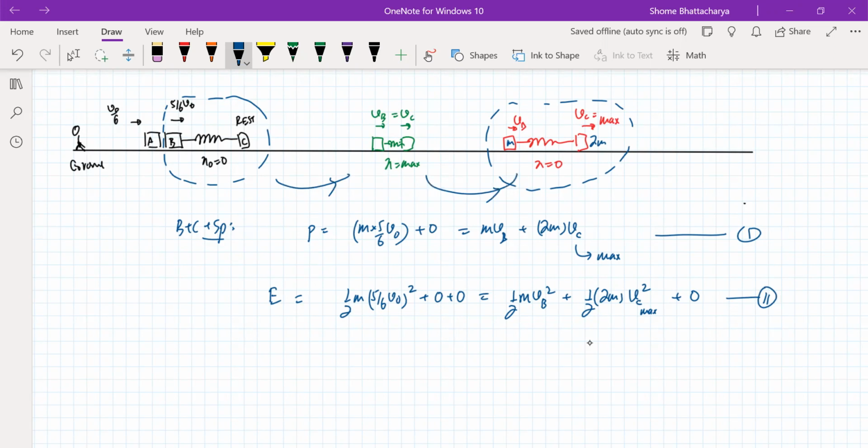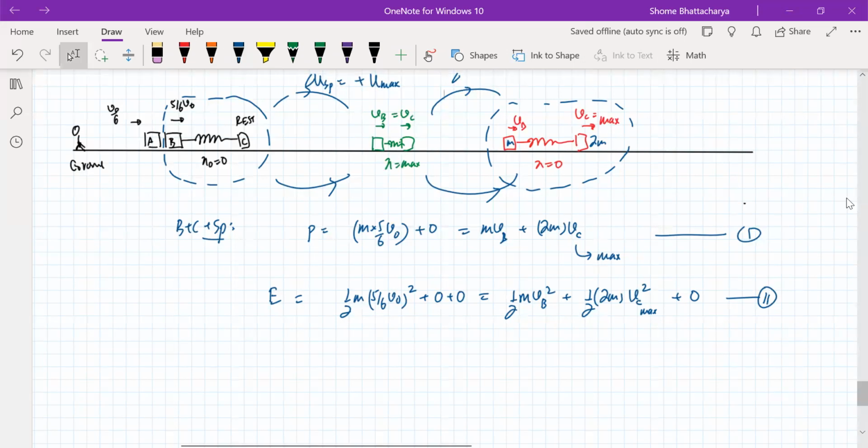Going from this picture to this picture, the change in potential energy of the spring is equal to positive of the maximum potential energy. And then going from here to here, the spring is again losing that potential energy now. You understanding the point? So can't we solve this directly by formula now? Solve it directly by formula to get VC max and verify it's the same answer.